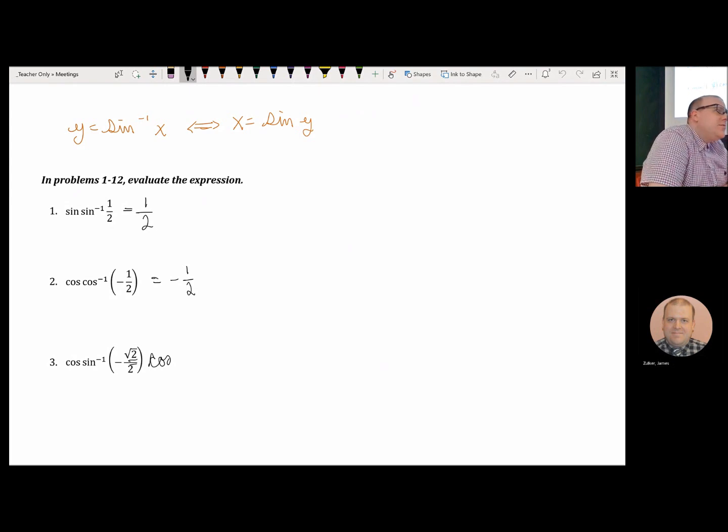It's always radians. Three pi over 4 is not between minus pi over 2 and pi over 2.